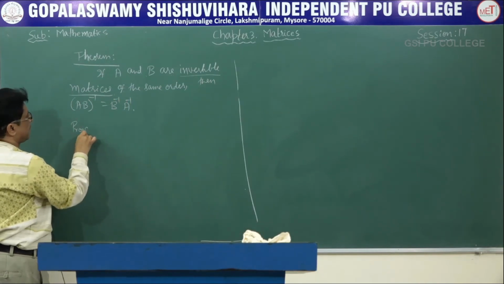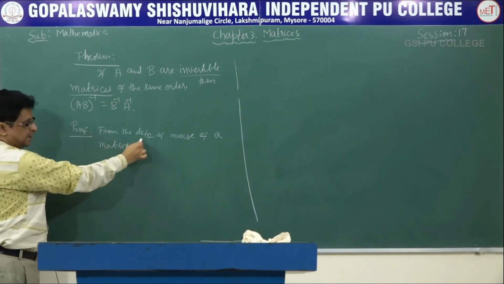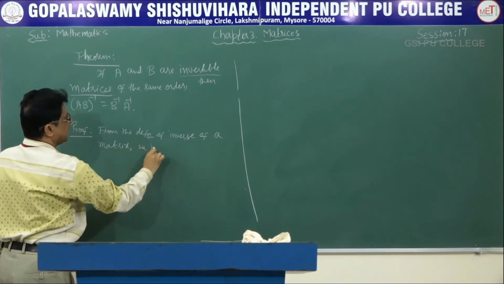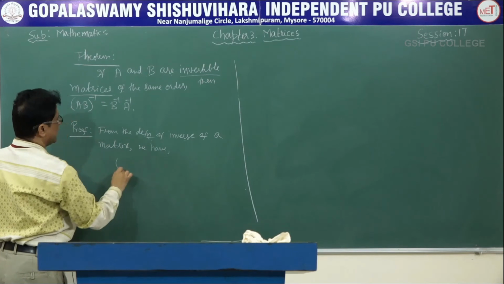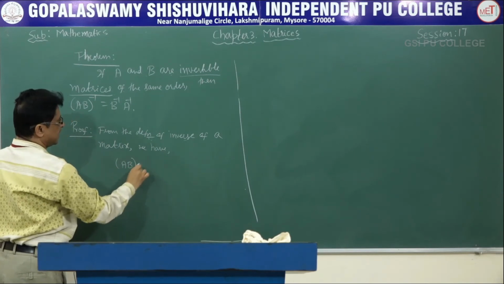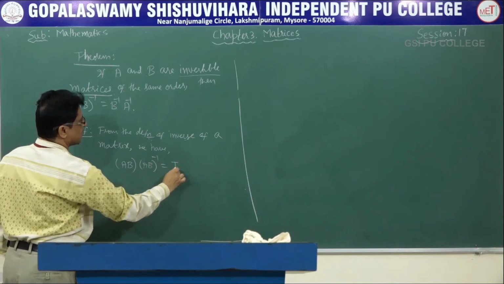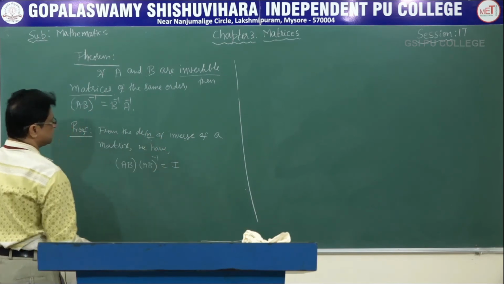Proof. From the definition of inverse of a matrix, we have AB into AB whole inverse is equal to I.